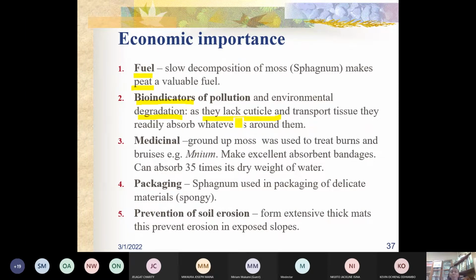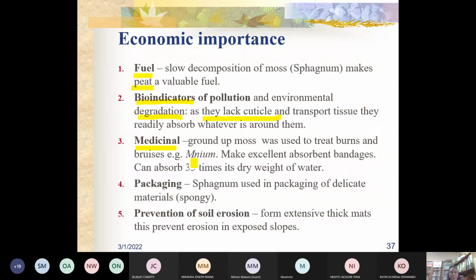If you remember, we found the cuticle only in the sporophyte, which is a shorter living body. But the gametophyte does not have a cuticle, so it can lose water easily. So it's a bioindicator of pollution and environmental degradation.